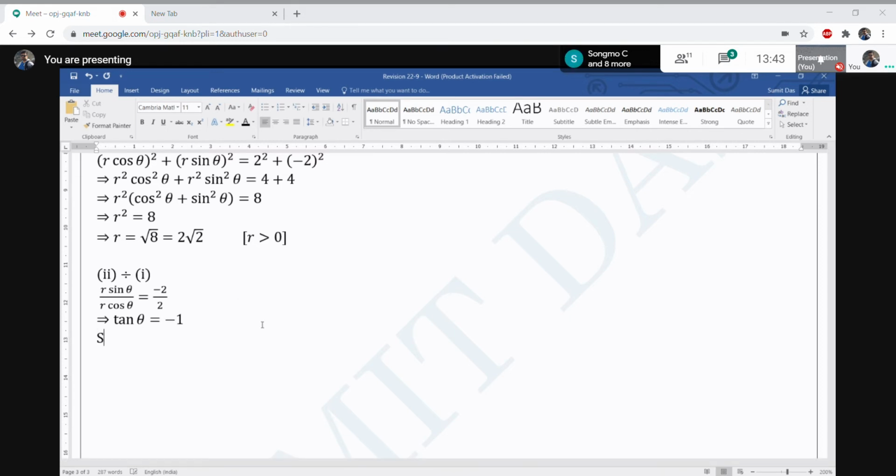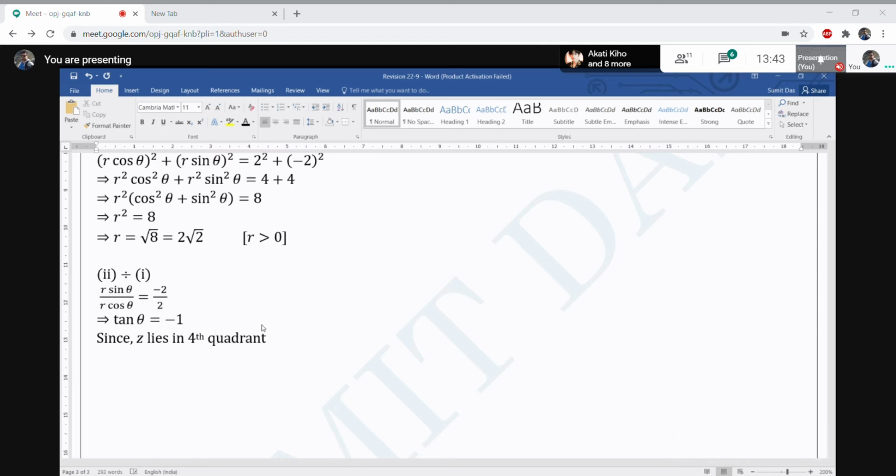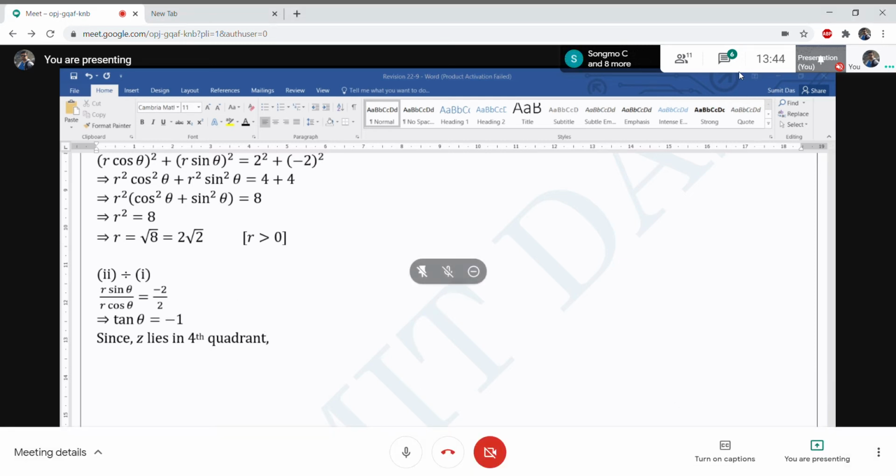You have to write: since z lies in the fourth quadrant, tan is negative, right? Yes, negative.